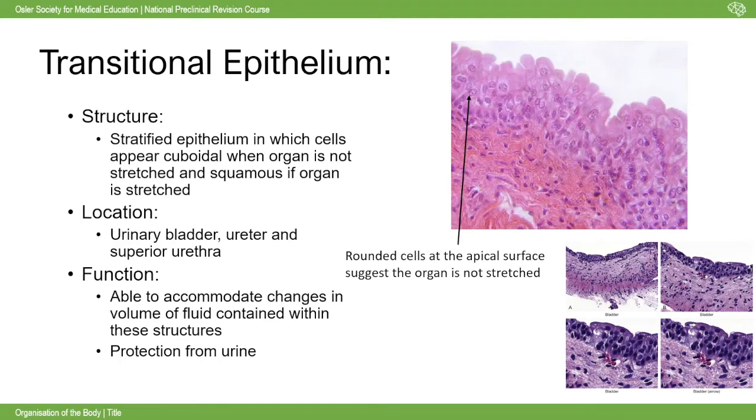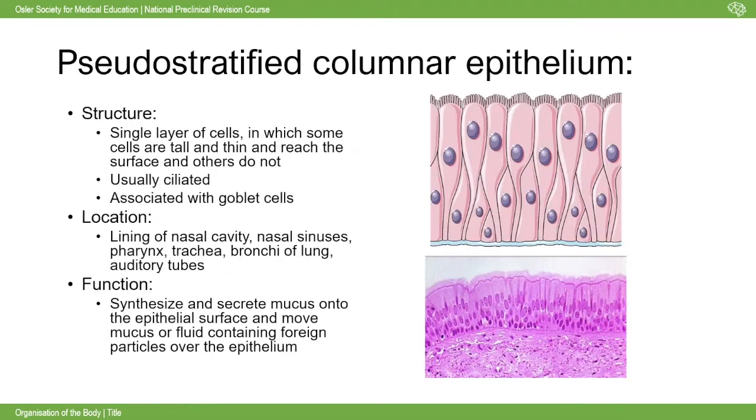So we have much more cuboidal shapes when the epithelia is relaxed versus stretched. And we can see this in the top diagram, the very rounded shapes of the epithelial cells. So like I said, this functions to accommodate changes in volume of fluid, but also these cells protect from urine, the cauterizing effects of urine.